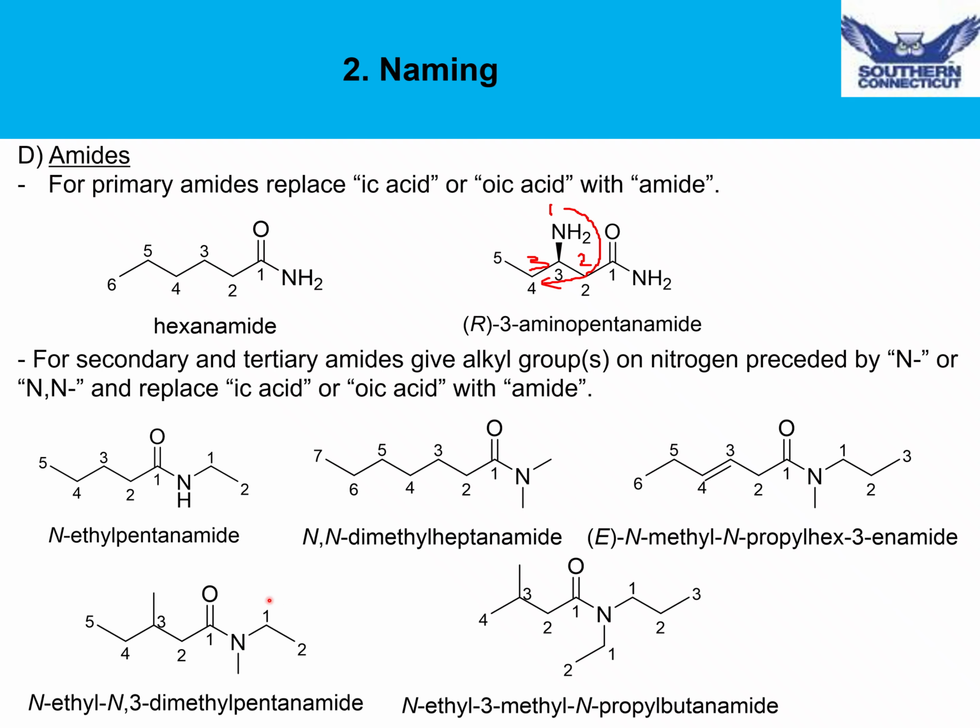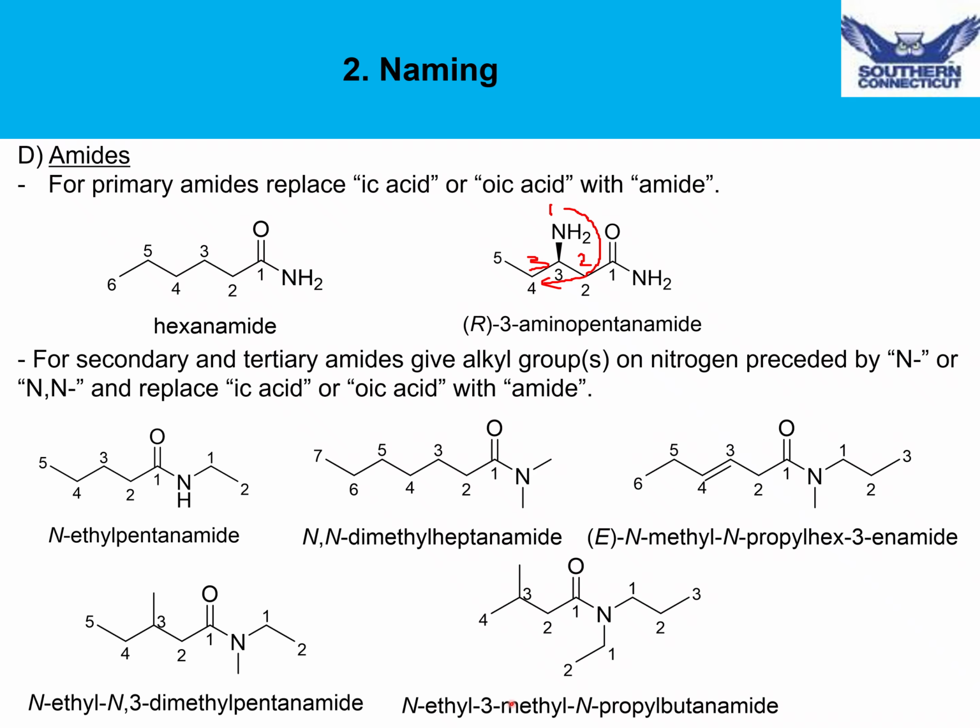So in this example, we have an ethyl group. So that goes before methyl. So as far as the substituent, we would name this as N-ethyl, and then N,3-dimethyl. So N and 3 say that we have a methyl on carbon 3 as well as on the nitrogen. And lastly, the parent name of this compound has 5 carbons, so this is named as a pentanamide.